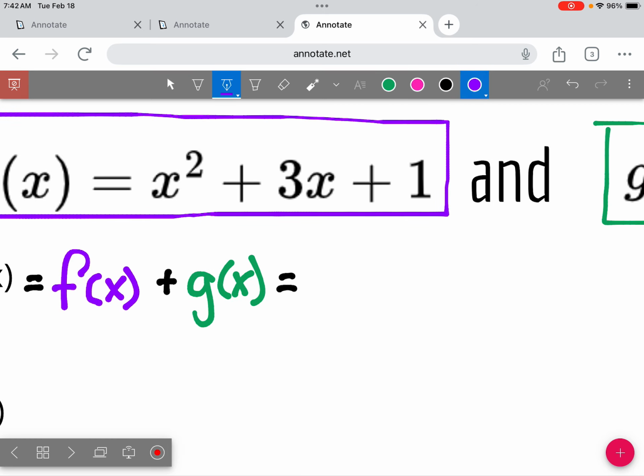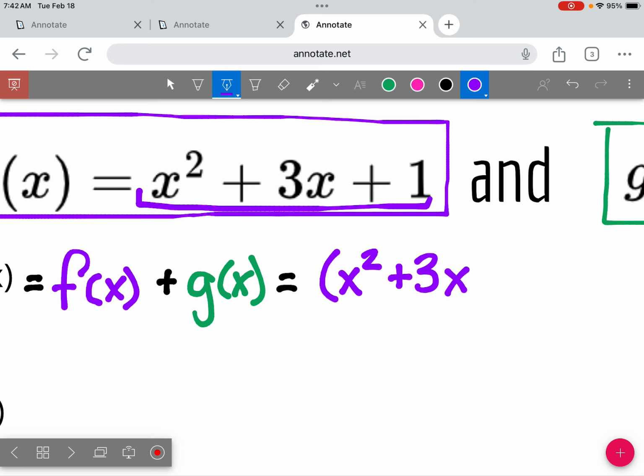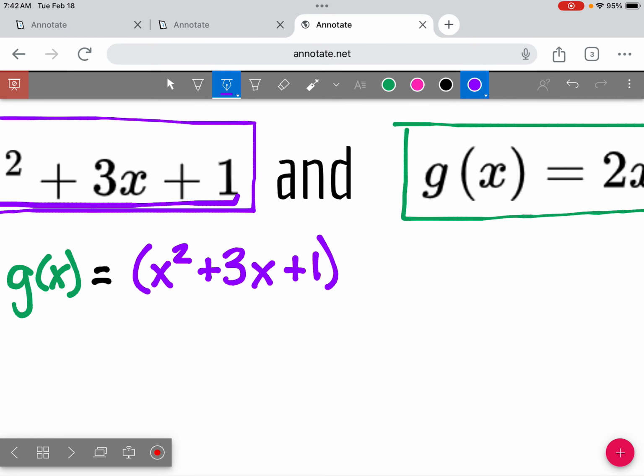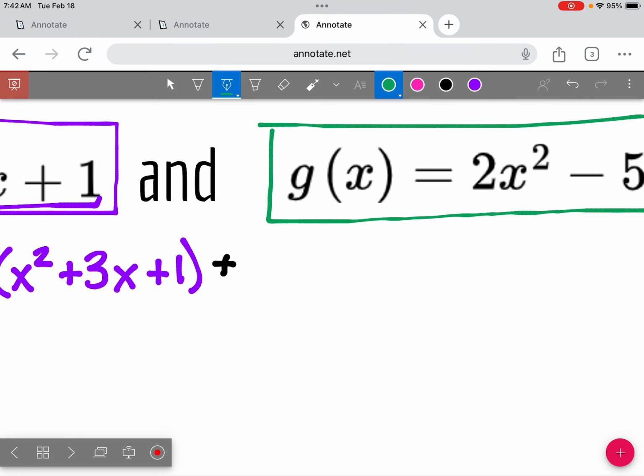So when we do this, we're going to substitute these pieces in. I'm going to substitute in for f of x my x squared plus 3x plus 1, because that's what f of x equals. And then we're going to add that to our g of x, my 2x squared minus 5.